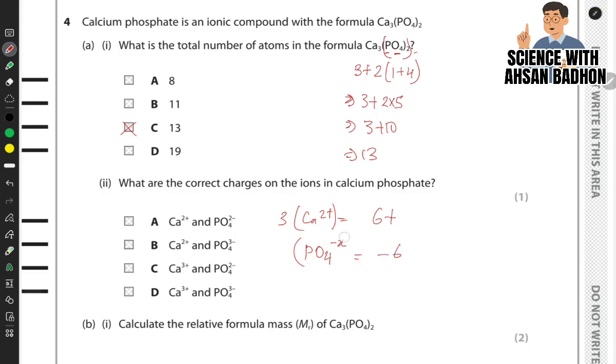So 2 can be divided into minus 6, so PO4 minus x equals minus 3, so our ion will have a negative 3 charge. So the answer will be calcium 2+ and phosphate 3-. That is the answer in part B.